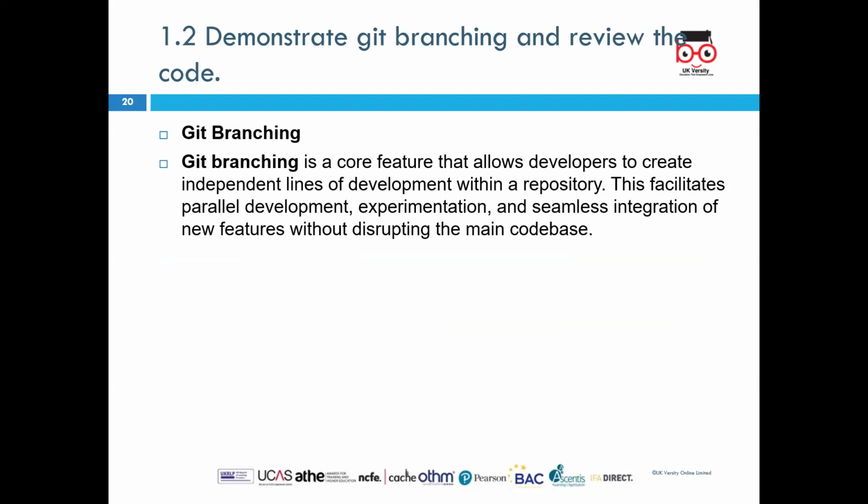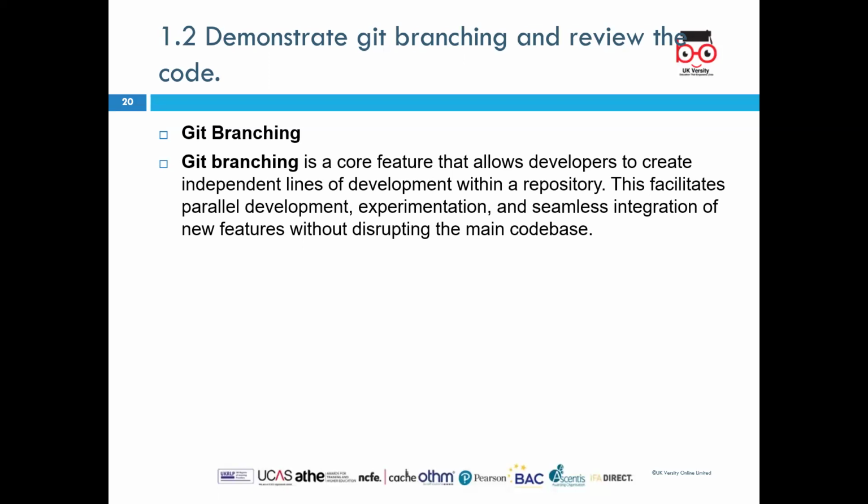Now we are looking into demonstrating Git branching and reviewing the code. So what is Git branching? This is simply a core feature that allows developers to create independent lines of development within a repository.